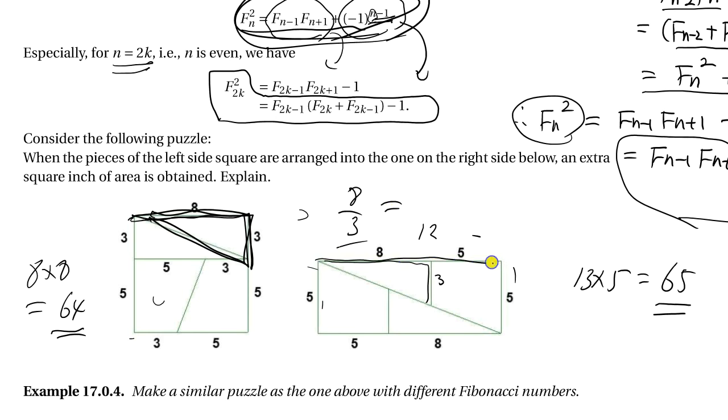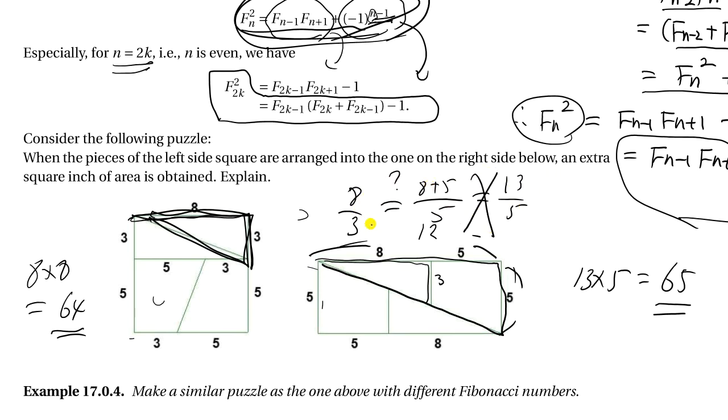Then if we have the exact same similar triangle over here, then the ratio between this side and that must also be the same. So 8 plus 5 over 5, which is 13 over 5. And definitely it's not equal to the ratio, because by cross multiplication you get 40 equals 39, right? It's not the same number. So these ratios are not the same.